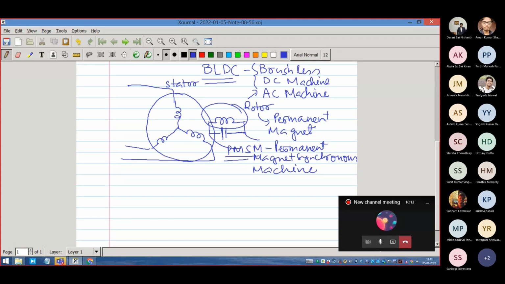You cannot run them by giving them any supply that is available from the utility grid.